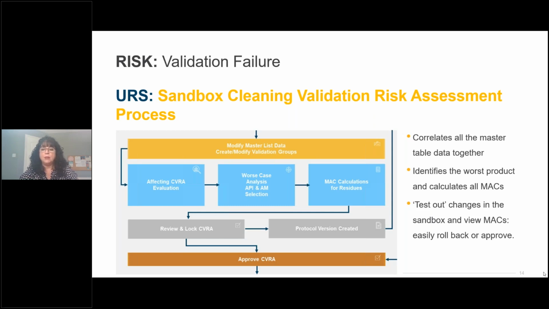Users can modify any parameter in the process, such as adding a new product or equipment, and the system will automatically reevaluate worst case and reevaluate macro. Once that new process has been validated, it can be approved in the system, thereby generating the final validation report.